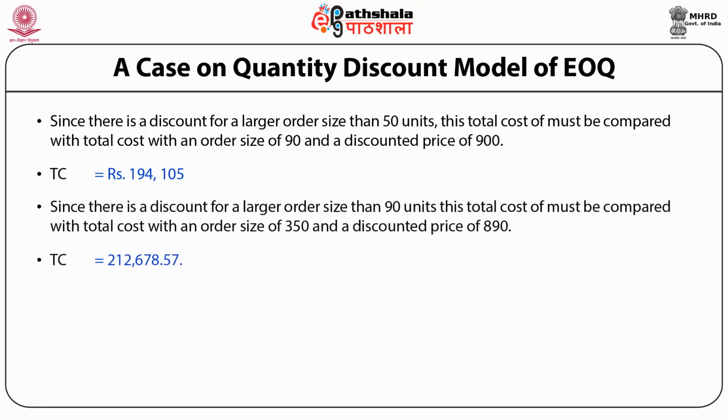Since there is a discount for a larger order size than 90 units, this total cost must be compared with the total cost with an order size of 350 and a discounted price of 890. Total cost equals 212,678.57.